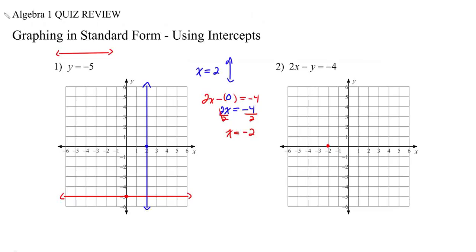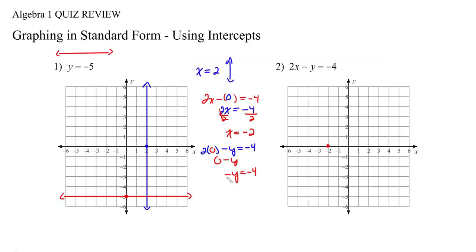Now let's go ahead and find the y-intercept. So we're going to make x 0. It's going to look like this: 2 times x minus y equals -4, and x is now 0. Again, anything times 0 equals 0, and 0 minus y, that's just -y. So we end up with the equation -y equals -4.